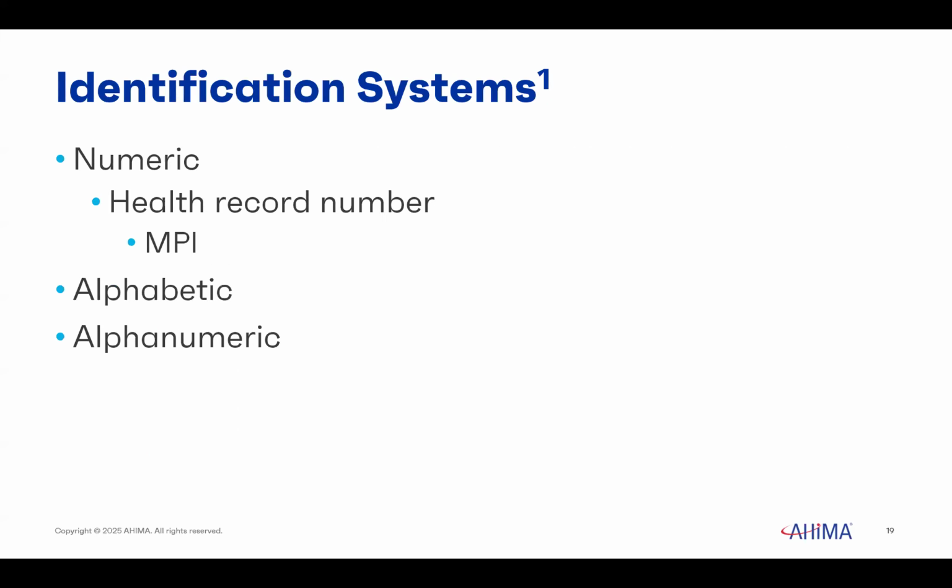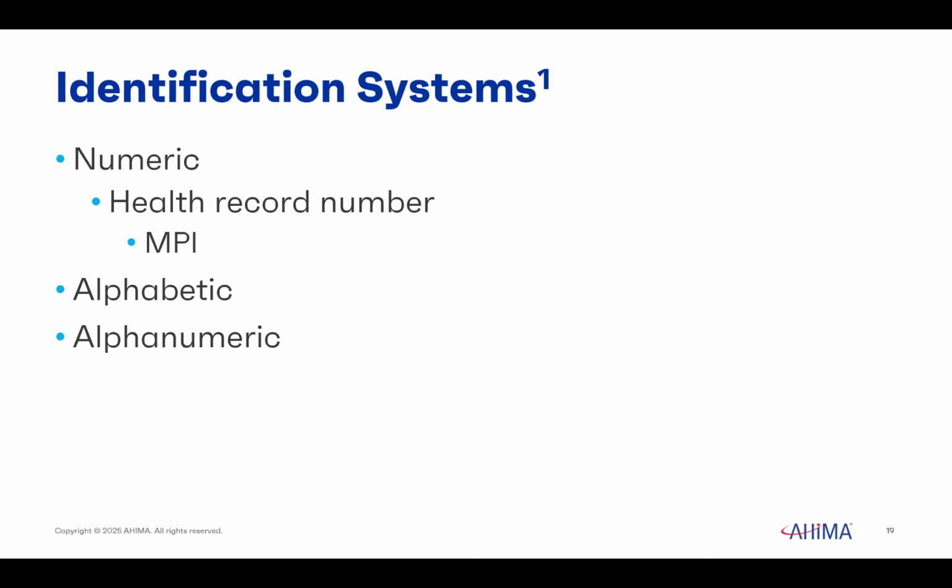One of the things that we hear a lot about is identifying. In other words, what is the unique identifier for a patient to match them up with the electronic health information? Typically, this is a health record number, more commonly referred to as a medical record number. What a master patient index, or MPI, does is match a particular patient with a particular health record number.